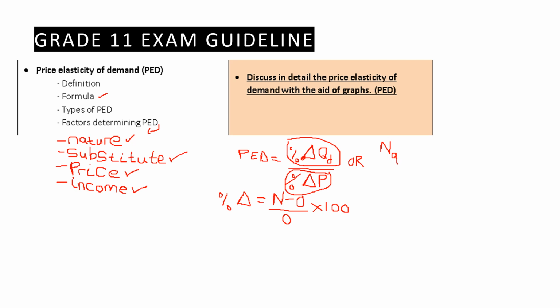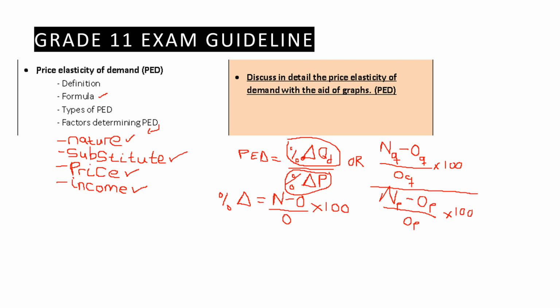New quantity minus old quantity divided by old quantity, times 100, and all this is being divided by new price minus old price divided by old price, times 100.